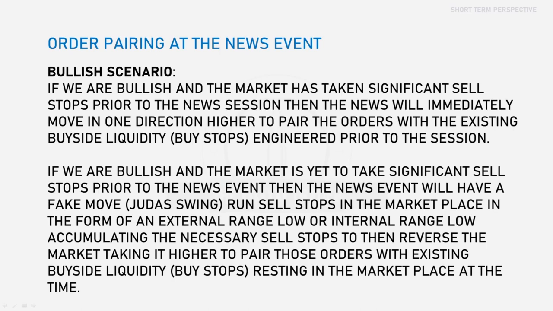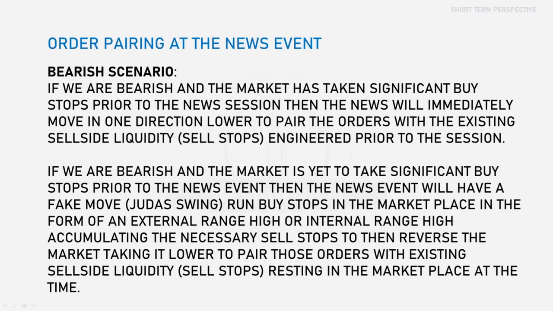Now in a bearish scenario, if we are bearish, inversed, right, and the market has taken significant buy stops prior to the news session, then the news will immediately move in one direction lower to pair the orders with the existing sell side liquidity, those sell stops engineered prior to the session.